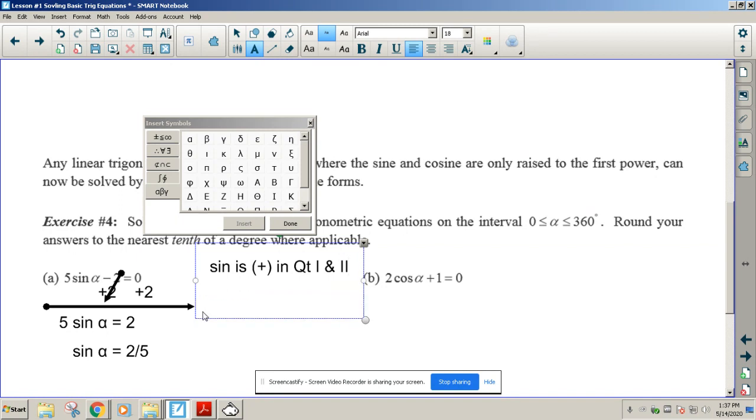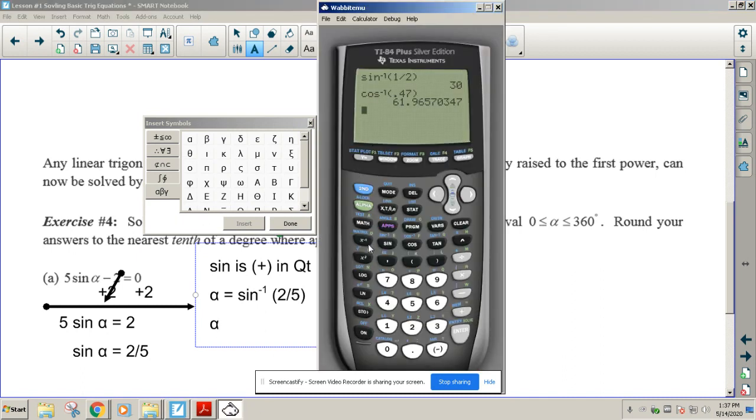So once I now solve for alpha by using the arc sine of 2/5, let's see what we get.